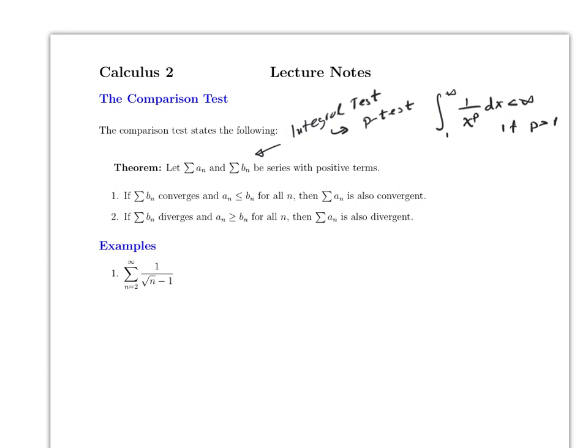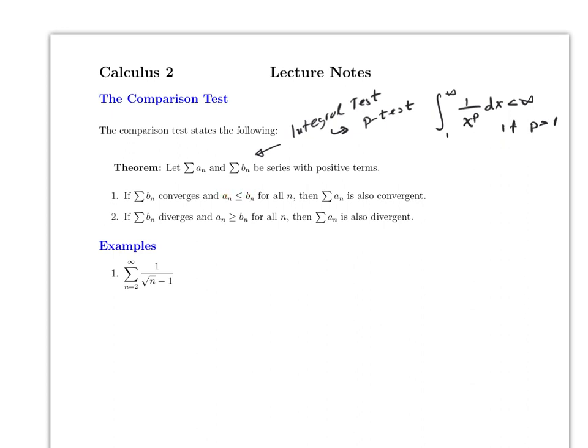So there are two cases here. Case one: if this part is convergent and all the elements for this are less than or equal to the elements for the one you're comparing to, then the series you want is also convergent, which kind of makes sense, because if this is less than infinity, you should think of convergent as not being infinity.